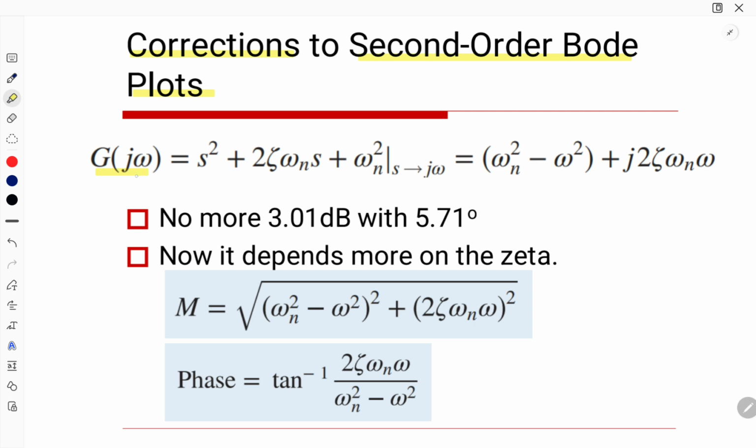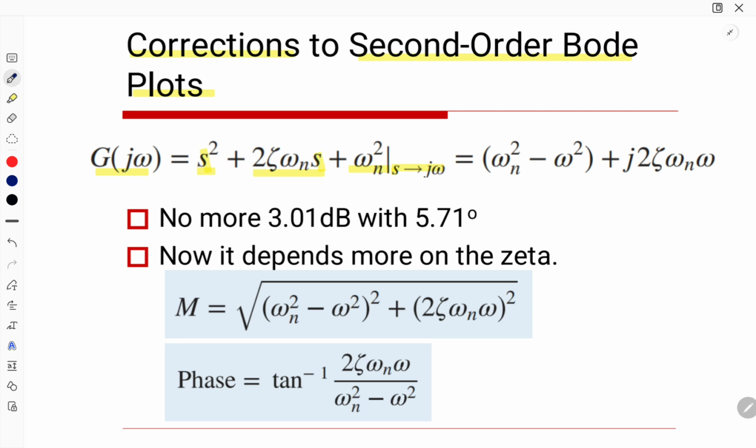So starting with G of s, it's s squared plus 2 xi omega n s plus omega n squared. You replace everywhere you see s with j omega.